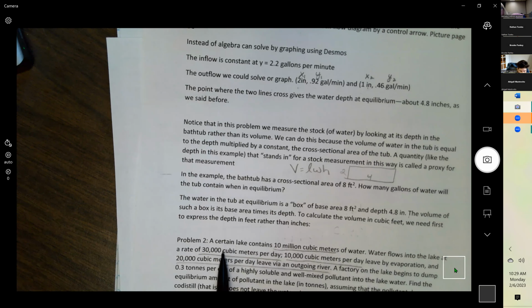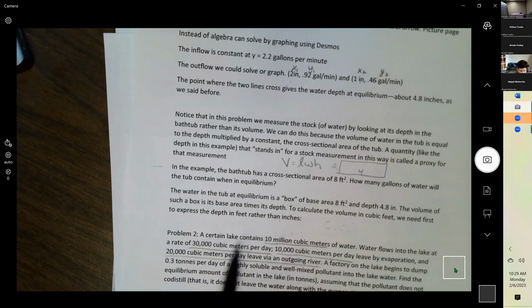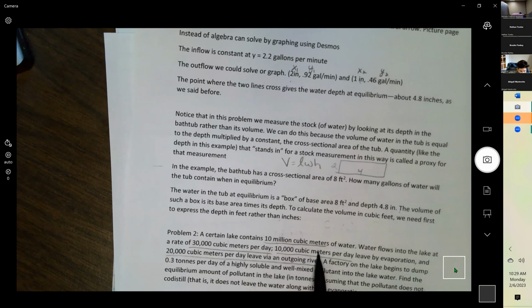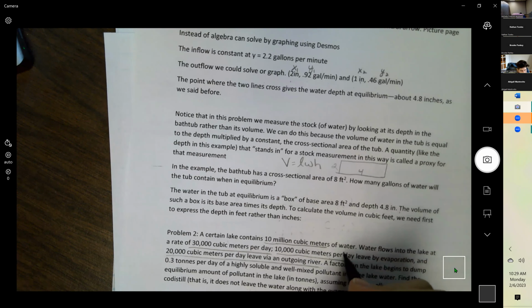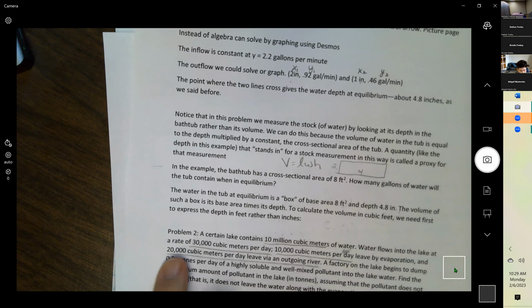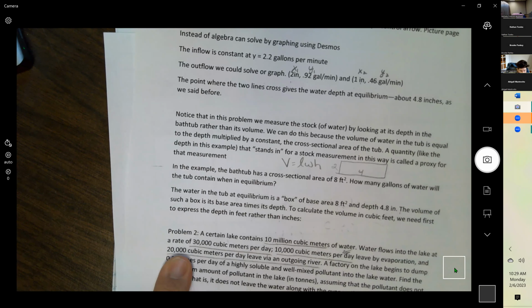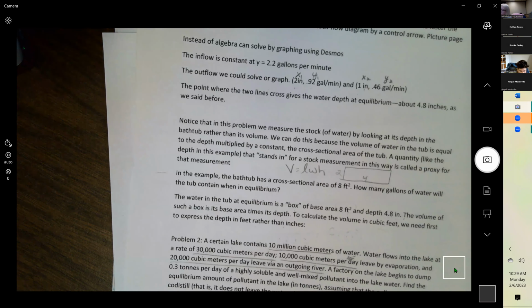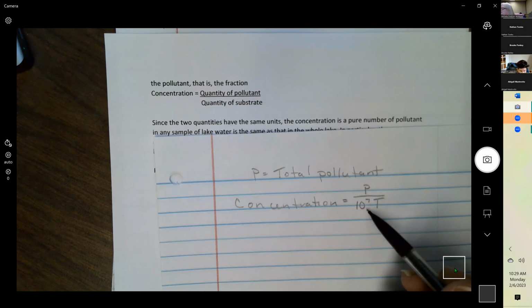And then these are the outflows. This is the inflow. This is evaporation, so the chemical is not being affected by this one, but it is by this one. So this value was given. This is the amount of water in the lake.